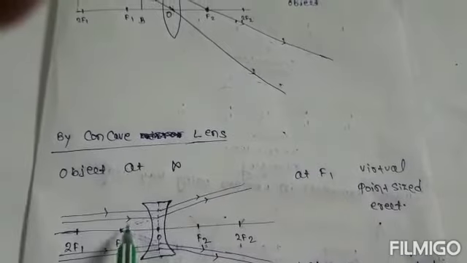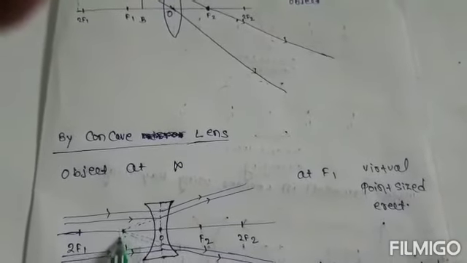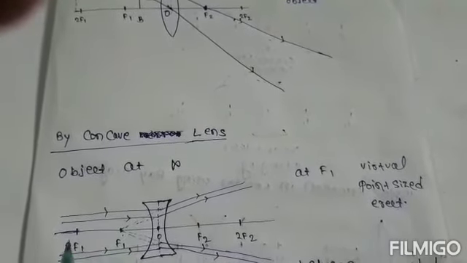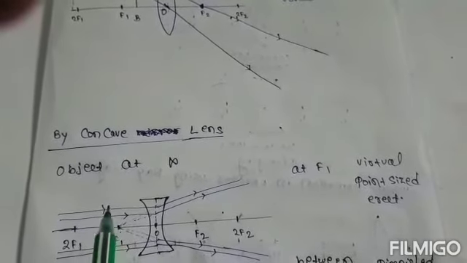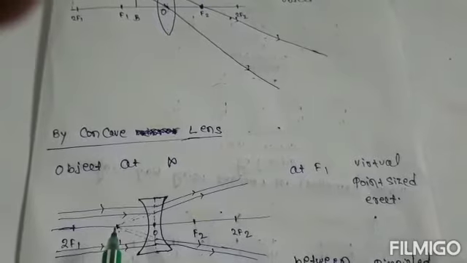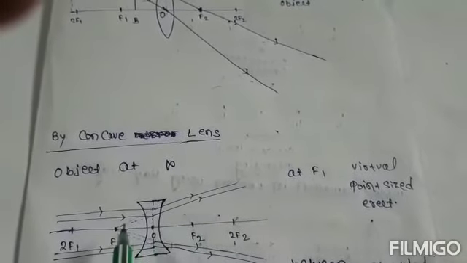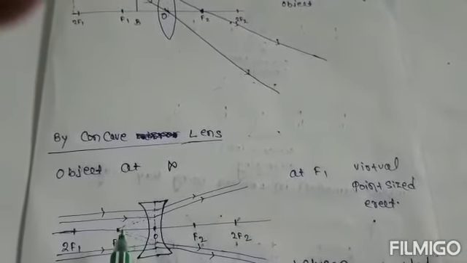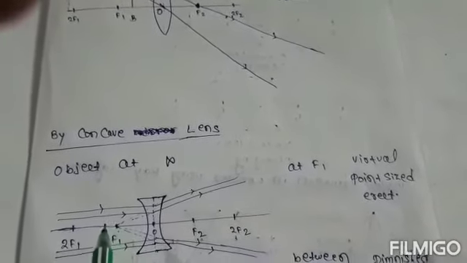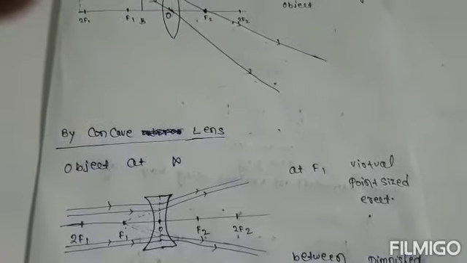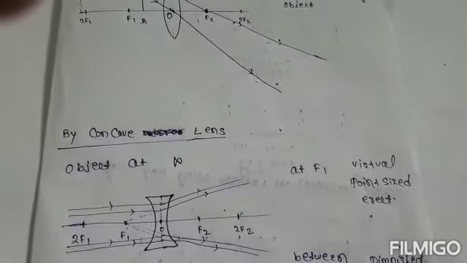So the image is formed at F1 on the same side as the object. The position of the image is at focus F1, and as the image is formed due to imaginary meeting of refracted rays, the image is virtual. As the image is virtual, it is always erect and point sized.